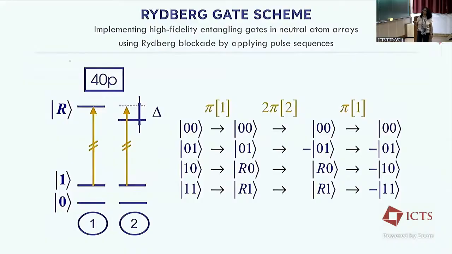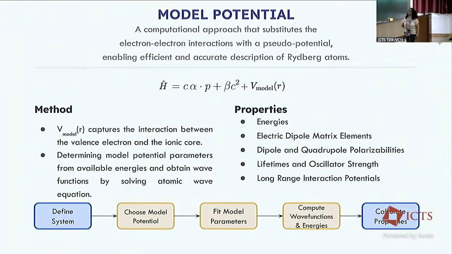Okay, so coming to the theory part, we are planning to use a model potential approach to do these calculations. But as compared to the other approaches, which also use model potential, they use the model potential within the non-relativistic wave equation, the Schrodinger equation.